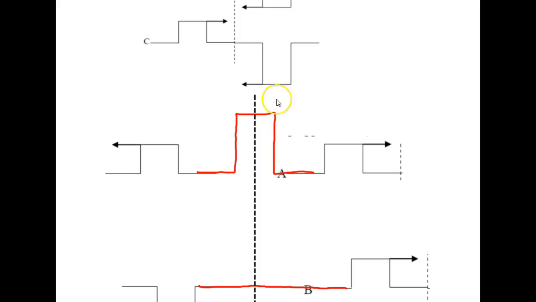For C, we have a crest on the left traveling to the right, and we have a trough with double the amplitude of the crest on the right traveling to the left. What's going to happen in this case? Well, they are out of phase, so they're going to destructively interfere. That means their amplitudes are going to subtract. So when the crest subtracts from this trough, what's going to be left over?